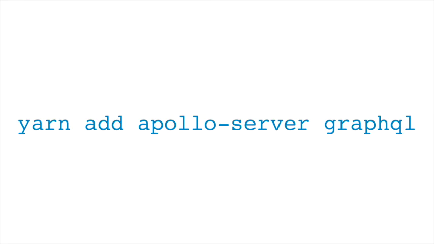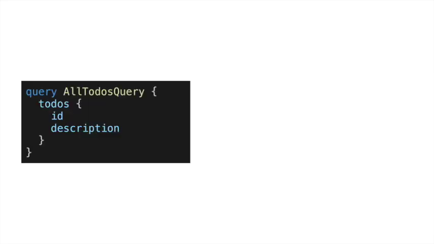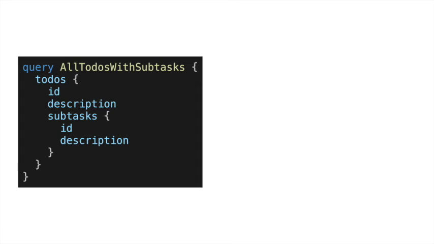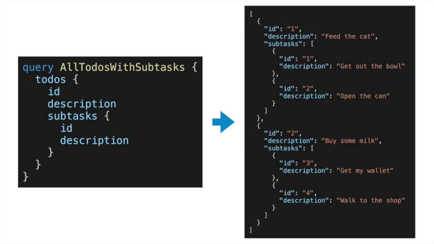I guess one of the big strengths of GraphQL is that if you consider the query that I ran to get all to-dos, it only really is asking for an ID and a description. So the JavaScript that comes back from the server looks a bit like this. However, if, say, in requesting all to-dos, I also requested that all of the subtasks for each to-do in the list got returned, then the server would automatically resolve those subtasks for me without me having to make any additional changes to it.